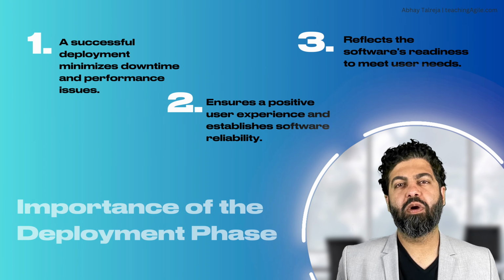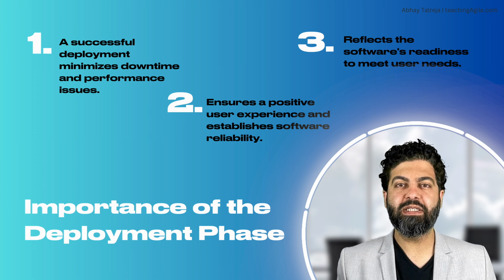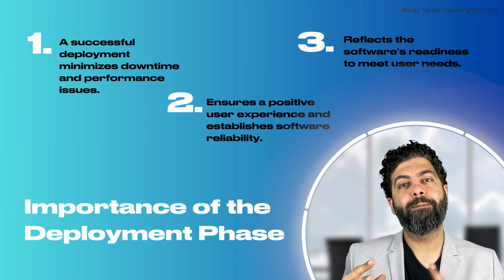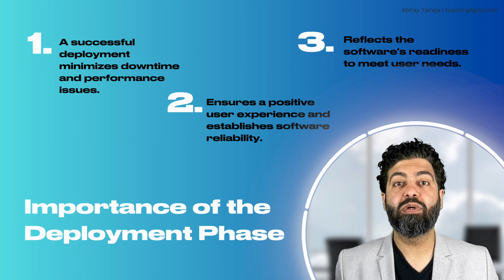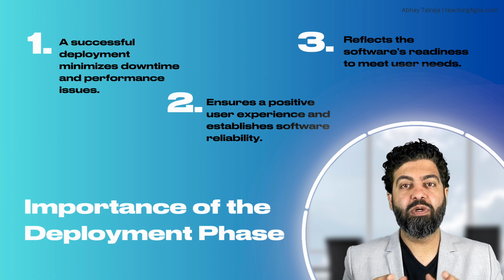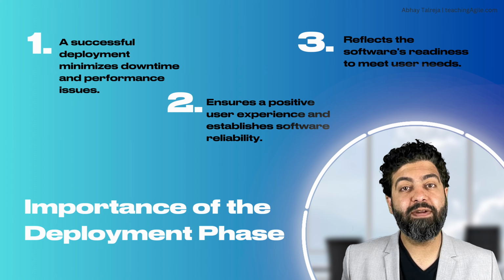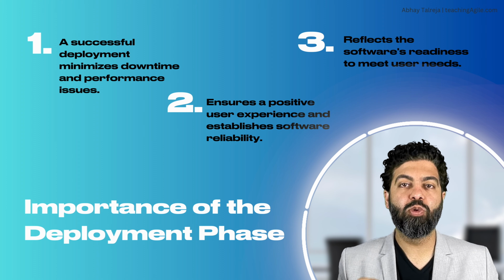So let's see the importance of the deployment phase. A successful deployment minimizes your downtime and gets your system up and running as quickly as possible, without the users even noticing that your deployment has gone through. Of course, your initial deployment versus your subsequent deployments will be strategized differently, but the point is to have minimum impact on the end user.